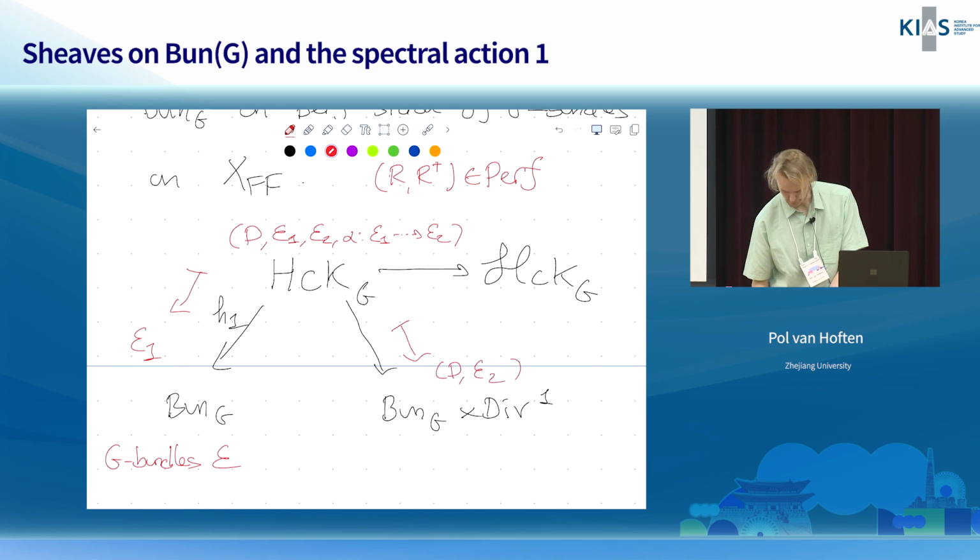And here on the local Hecke stack, I'm remembering D and somehow alpha restricted to the Fargues-Fontaine curve over R, R^+ completed around D. So D and then alpha restricted to the formal completion of D inside X_FF.